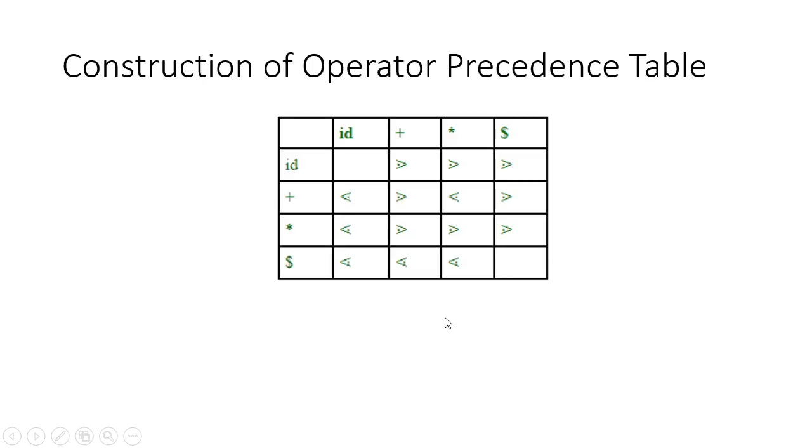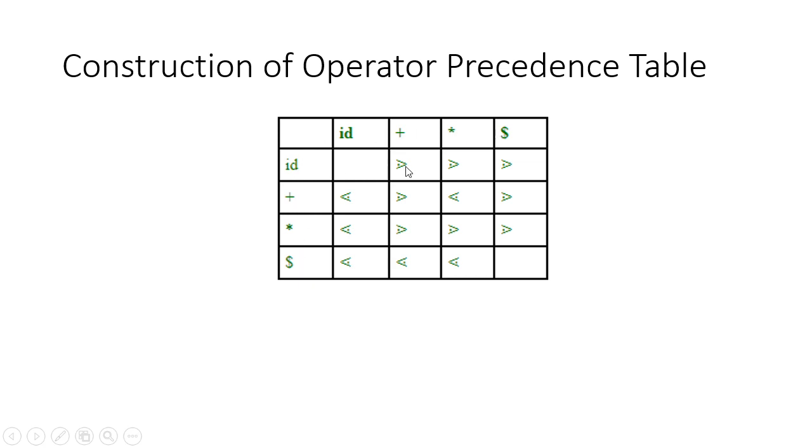So let us see how we create the table for it. We can create an operator precedence table like this. Let's take some terminals: id, plus, asterisk and dollar. We use the same thing in the row and in the column.